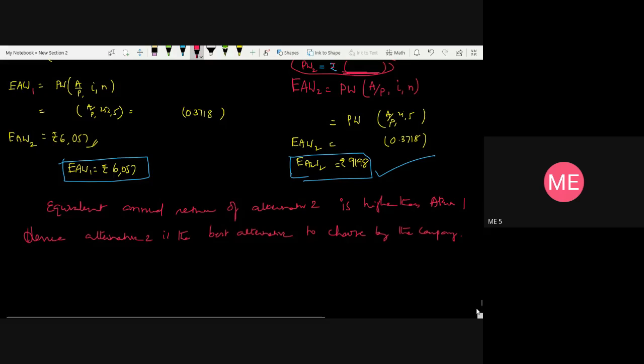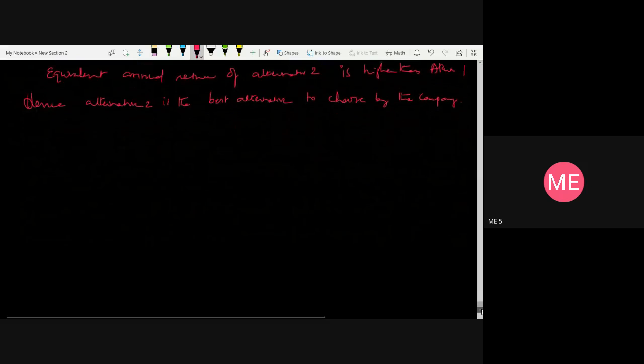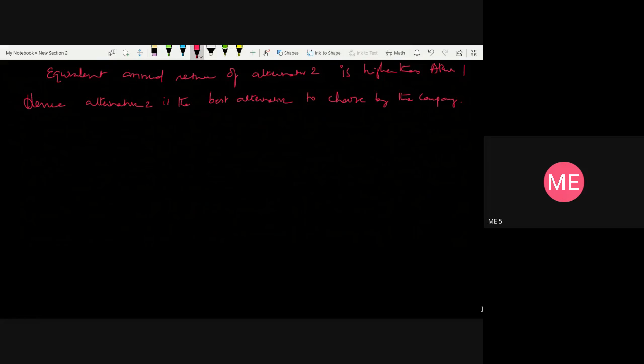Next we'll go to the next topic, which is situations for the equated annual worth method. One more problem, if you want, we can solve based on this, and then we can go for the next topic.